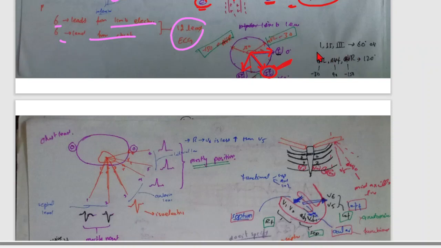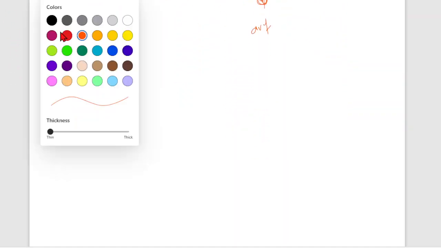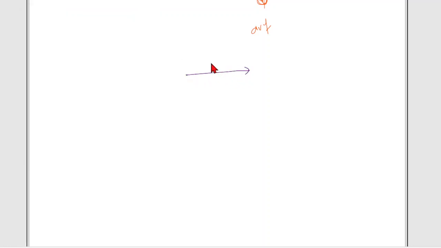So lead 1, lead 2 and lead 3 are actually 60 degrees apart from each other. For example, you see here, this is lead 1, and this is lead 2. The angle between them is 60 degrees.